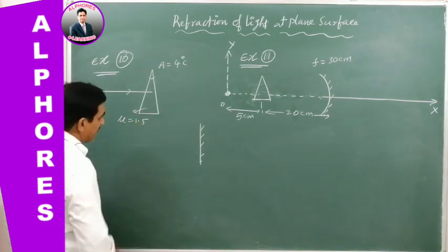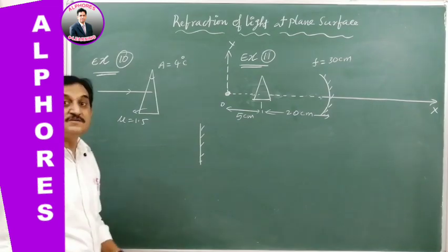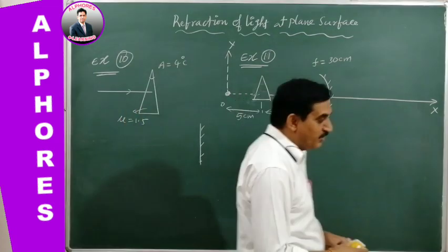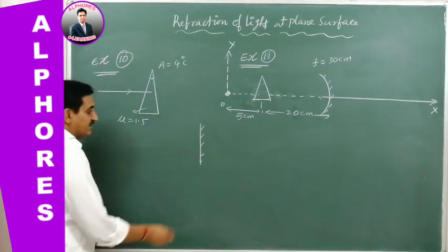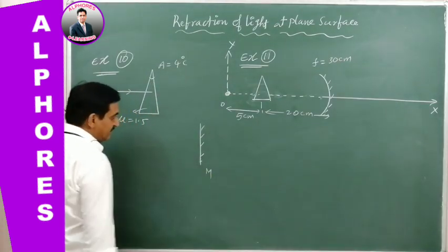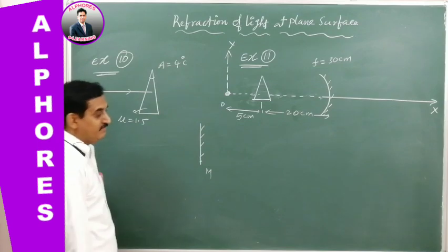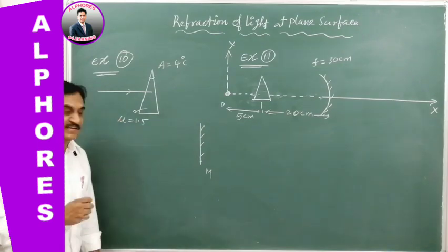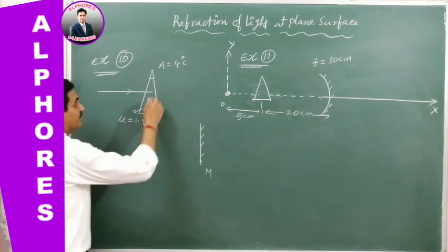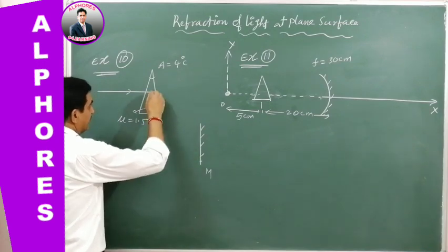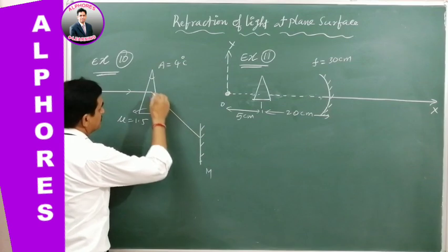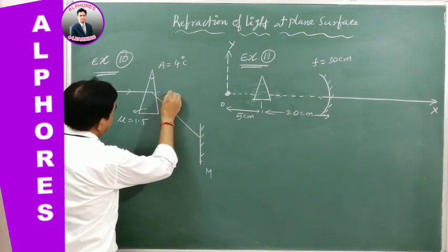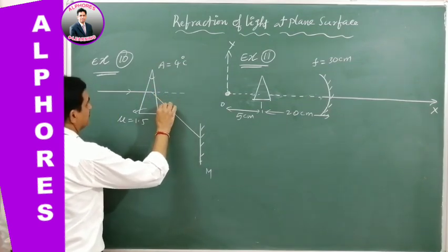It undergoes refraction and suffers deviation by the small angled prism, and then is incident on a plane mirror which is kept somewhere vertically. Now again the light undergoes reflection.